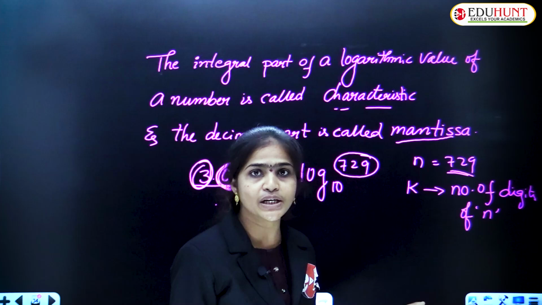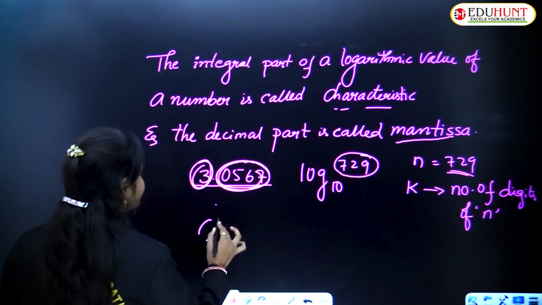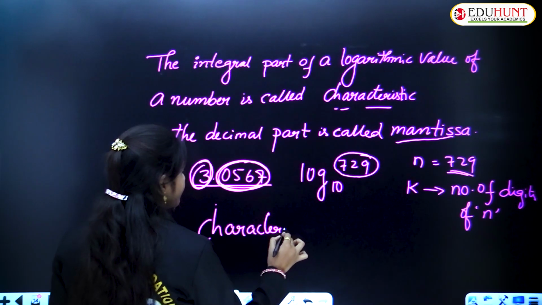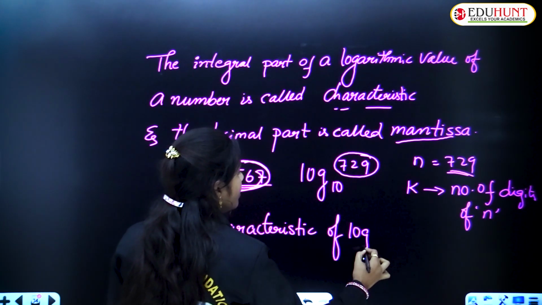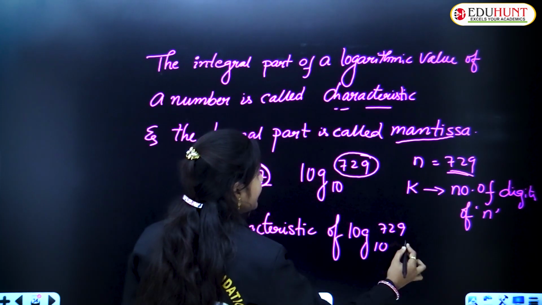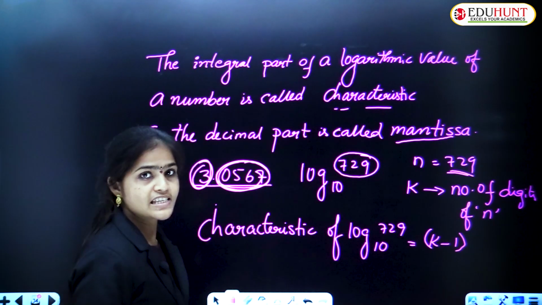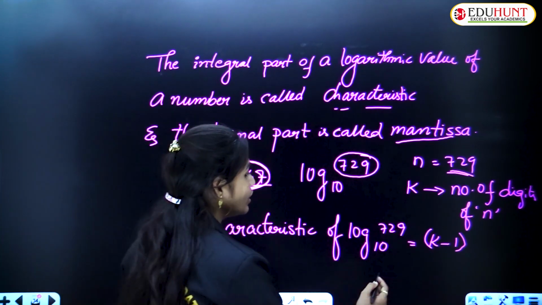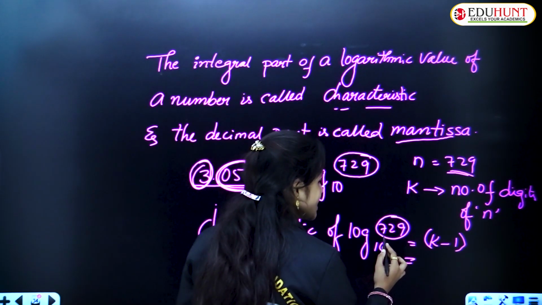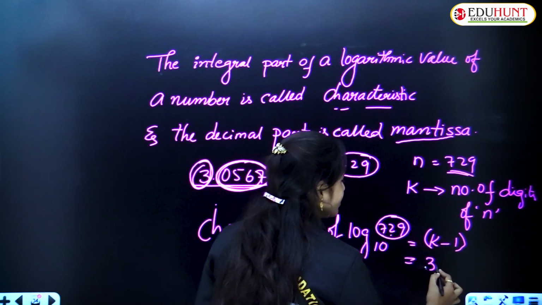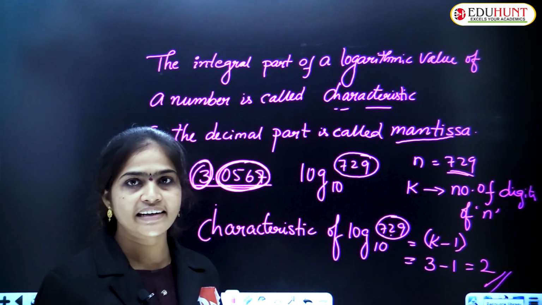So how to find the characteristic of log 729 to the base 10? The formula is k minus 1. Here k is the number of digits of n: 1, 2, 3. So 3 minus 1 is equal to 2. So 2 is the characteristic.